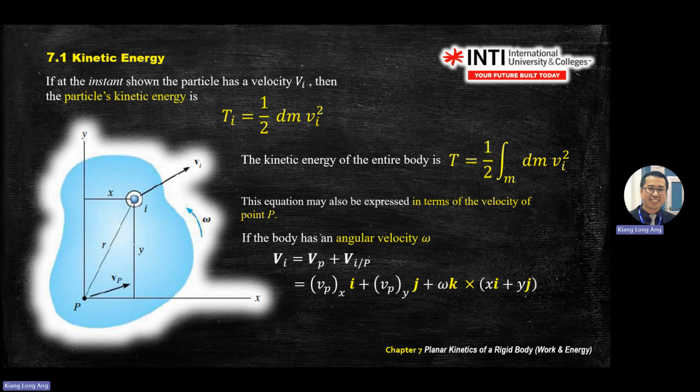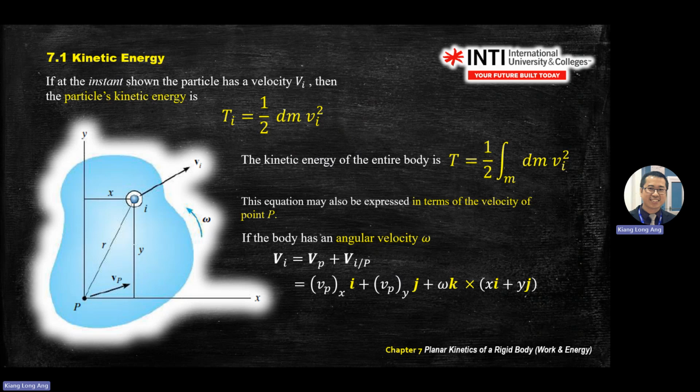Okay, so this is a theoretical equation. This one you read. So VP, you can split into X direction and Y direction, so your VP becomes I and J direction. Then VI stroke P is this one.